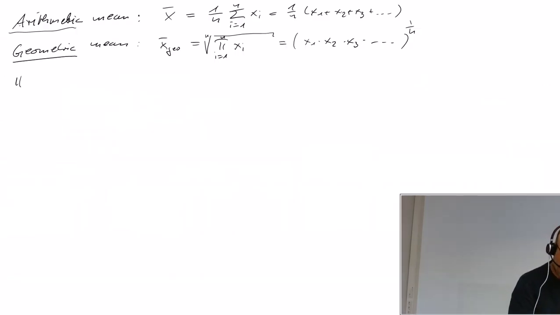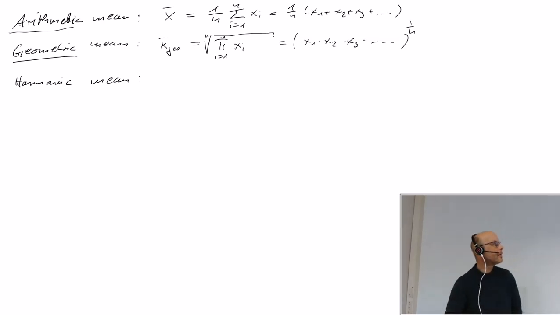And the last one, the harmonic mean. Have you ever heard of this one? So this we will do then next week, but you can think of, I don't know where you are living. Maybe you are living in Oldenburg.